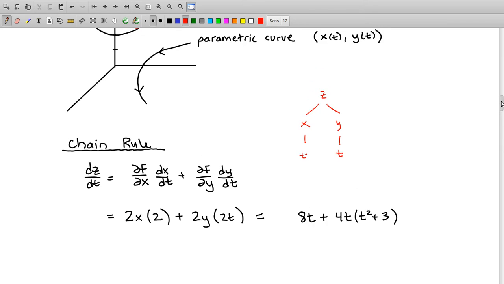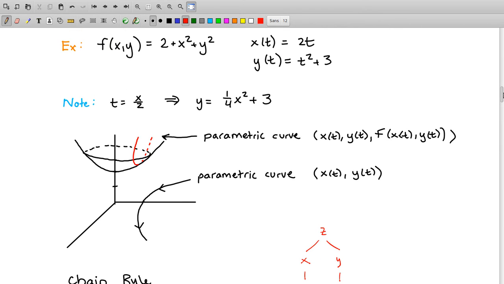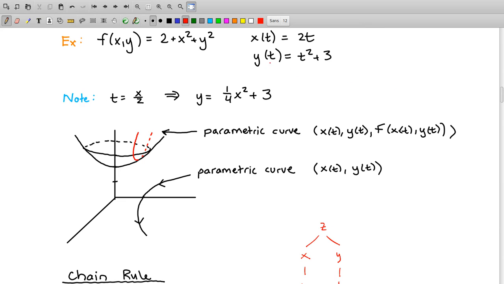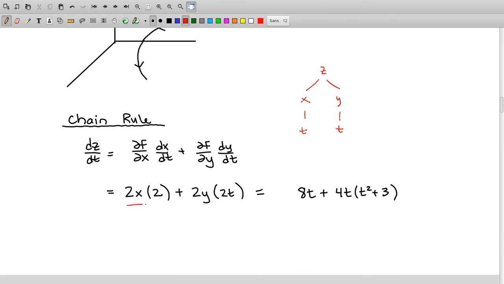What is dx dt? I'm sorry, I can't put them all on the same page. Dx dt is 2, partial f partial y is 2y, and dy dt is 2t. So we're putting all those pieces together here, and if we want, we can then again substitute the expression for x and the expression for y into those expressions to get the rate of change with respect to t.